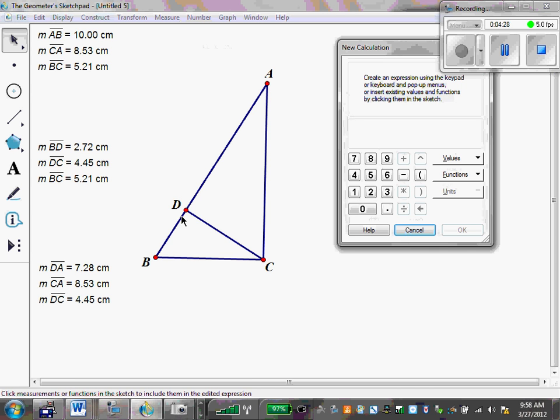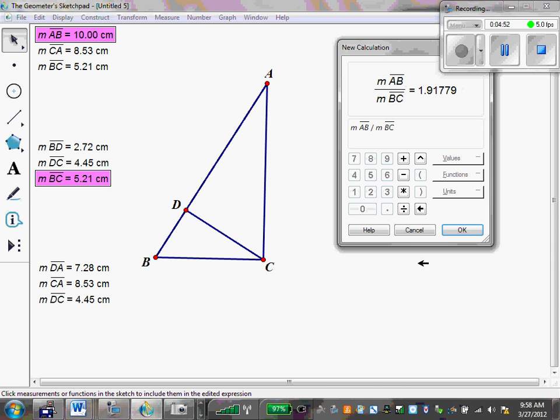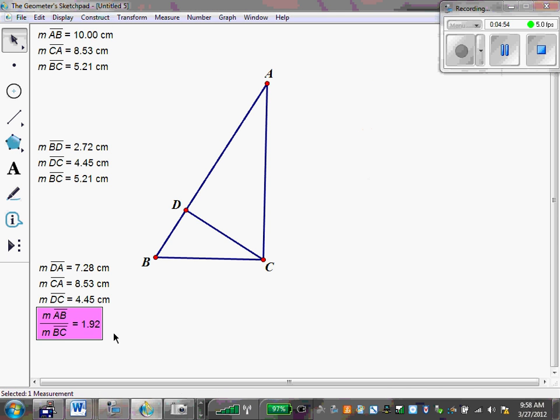The hypotenuse of my second triangle right here is length BC. And then the hypotenuse of my third right triangle is length AC. So I am going to look at the ratio between AB and BC first. Oops, I need to say divided by BC and hit OK.